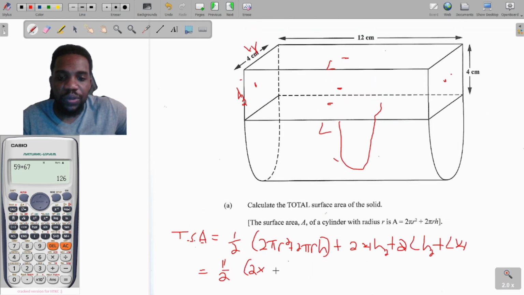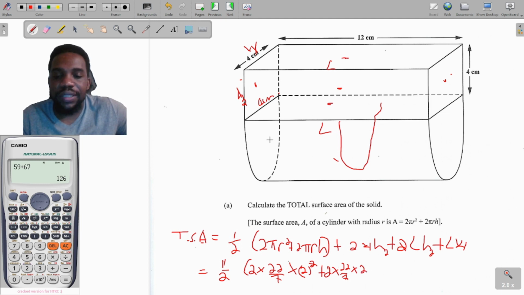Alright, so I'm going to be using 22 over 7 as pi times the radius squared. Now, notice that here is 4 centimeters, which means this is also 4 centimeters. Now, from here to here is the diameter. That's a complete thing, right? So the radius is half of that. So it's going to be 2 squared. Alright, that's good. Plus 2 times pi, which is 22 over 7, times the radius, which we found to be 2.